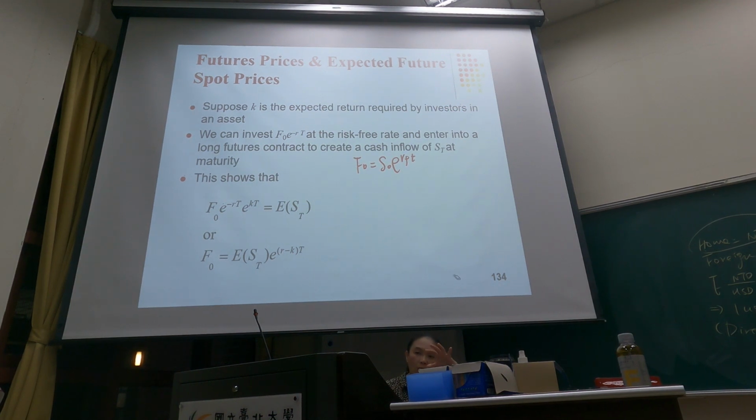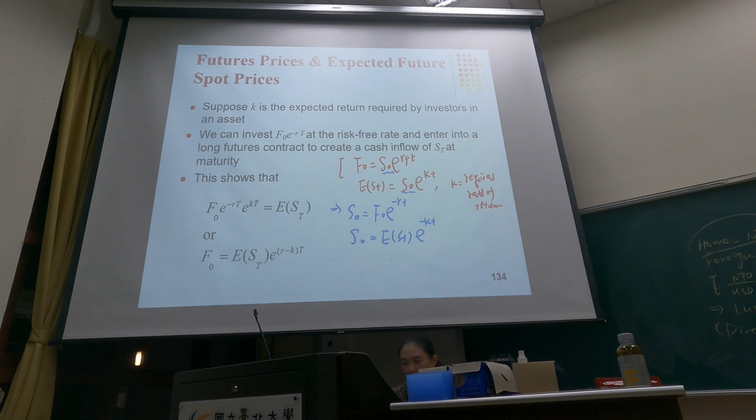Now, if this underlying is more risky, in that case you might have a different expectation, right? So another formula: E(ST), the expected value of this spot price in the future, would equal S0 e^(kT). So S0 is E(ST) e^(-kT), right? You can do that, agree?